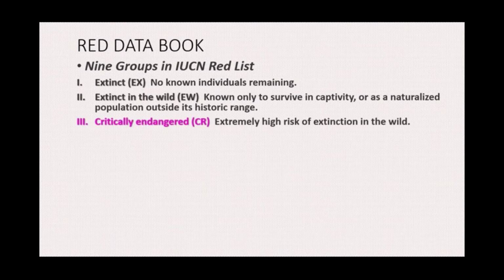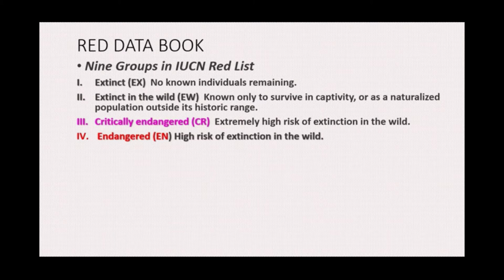The third is critically endangered. These are at extremely high risk of extinction in the wild. Means all those plant and animal species which are facing the risk of extinction within the near future are grouped under this category, that is critically endangered. Then endangered species.